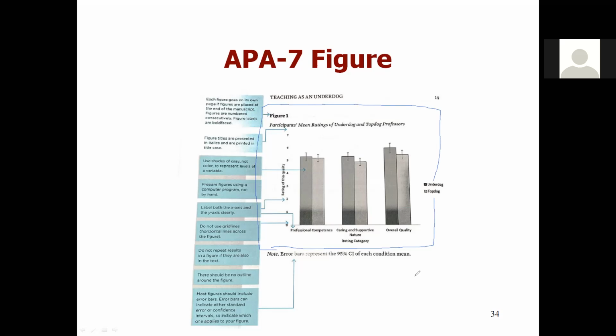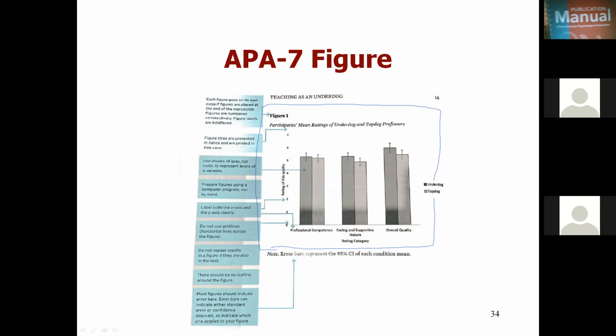That's the APA style. If you have any additional questions, I refer you to our favorite book. This is our publication manual.